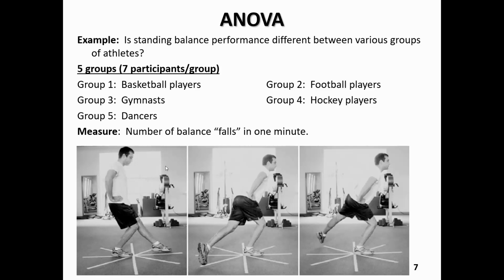Here we see in this picture an illustration of the task asked of all of these different athletes to perform, called a star excursion balance test. Here we see a person standing on 1 foot, and they're going to reach out and just lightly tap the end of one part of the star, then they reach back and touch another, reach the diagonal, and they do this continuously for 1 minute.